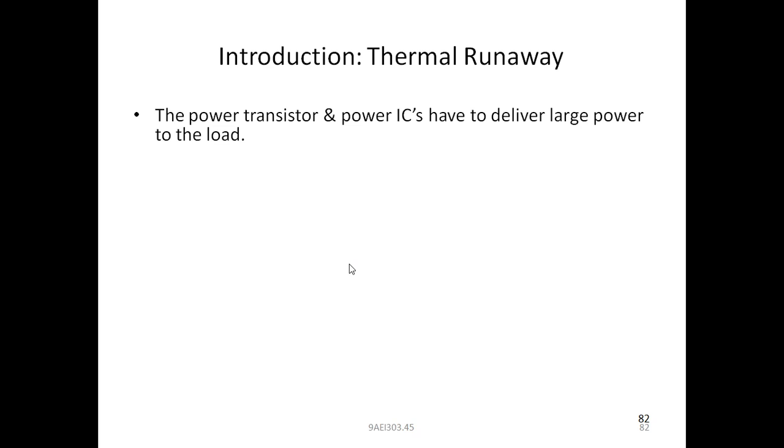This repeats as we go on increasing the reverse bias voltage. Therefore, there may be a chance of breakdown due to the minority charge carriers multiplication. This phenomenon is called thermal runaway.